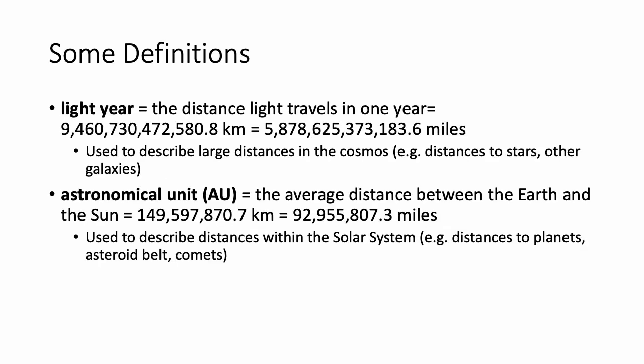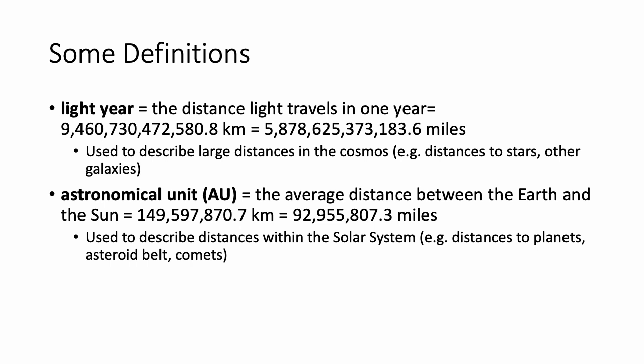Before we begin our lecture, there are a couple of terms that we should define that will help us when talking about these really large distances. And so the first is a light year. You might have heard of this one. It is the distance light travels in 1 year, and it roughly equates to about 9 trillion kilometers or about 5 trillion miles.